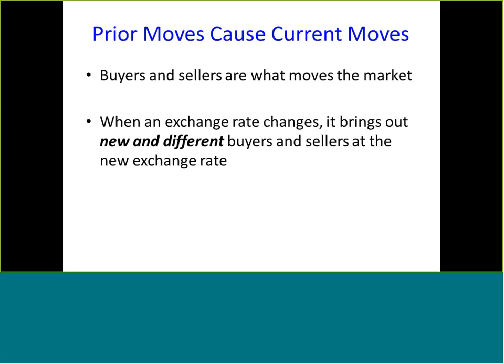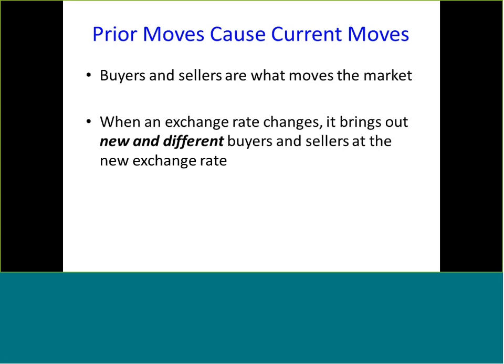So now what you want to understand is that when an exchange rate changes, meaning if the pound-dollar currency pair goes from $1.60 to $1.70, it brings out new and different buyers and sellers at that new exchange rate. And in real life, every small movement of the exchange rate may drum up some interest from a buyer or a seller, or both.